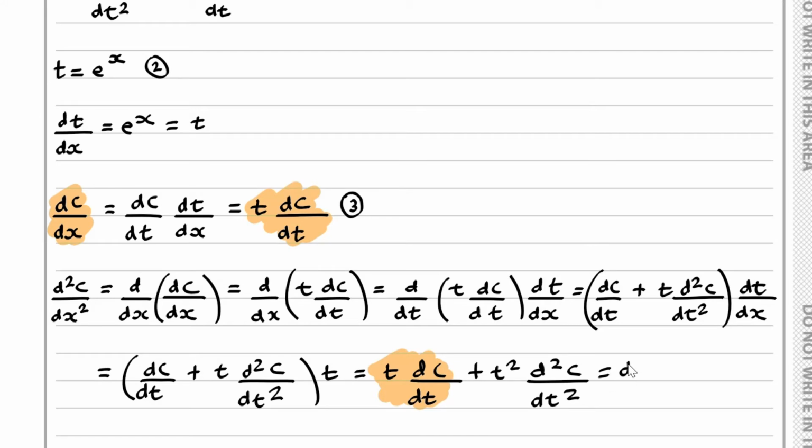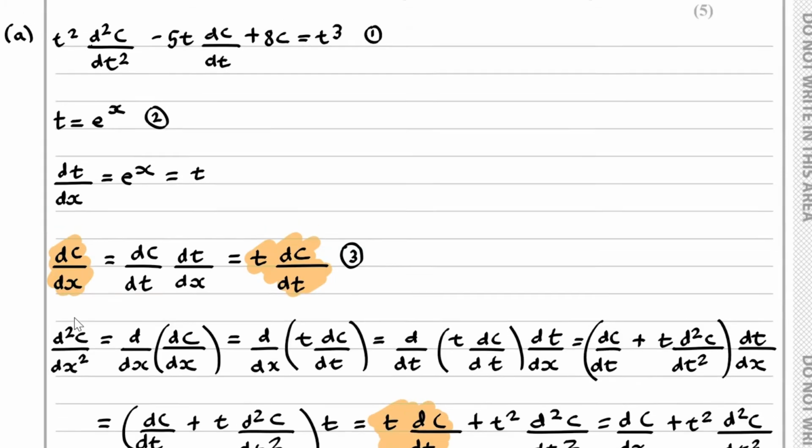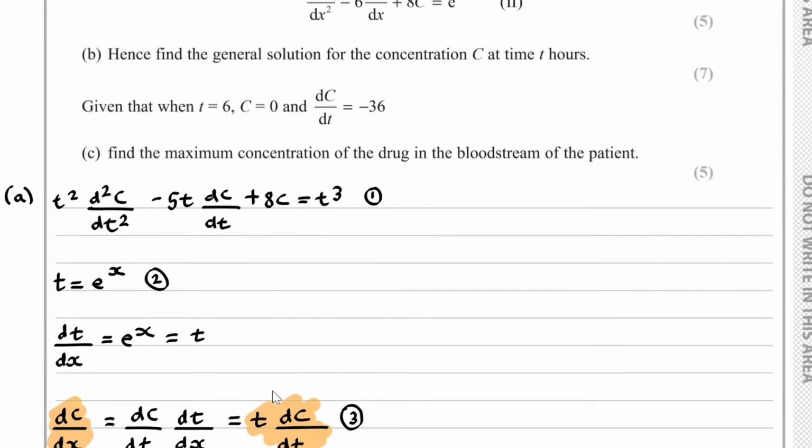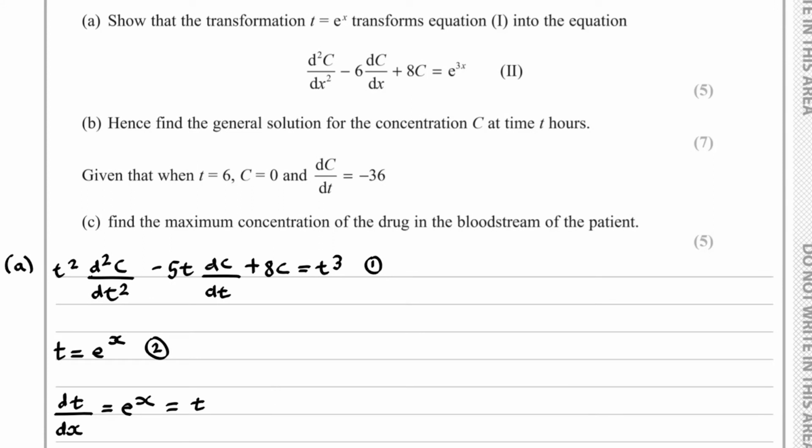So we have dc over dx plus t squared lots of d squared c over dt squared. This is the hard bit to get to. And just as we did before, if you look over here, we have t lots of dc over dt, and this bit is over here.